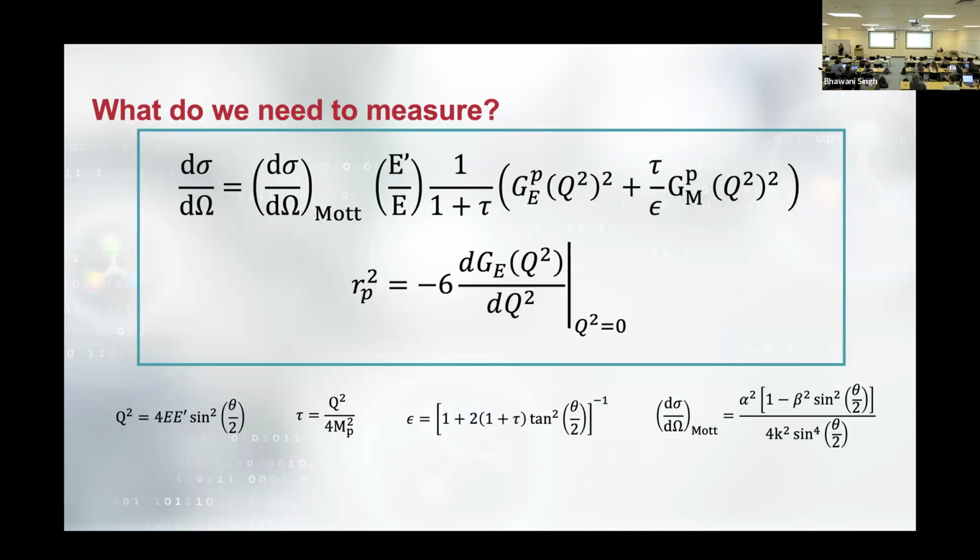You could then plot a few points, and the relationship between the reduced cross-section, where you divide out all those kinematic terms at the front, is linear between GE and GM with respect to epsilon. And so you can then fit a line and you can directly get out GE and GM. That is a technique that is commonly used.